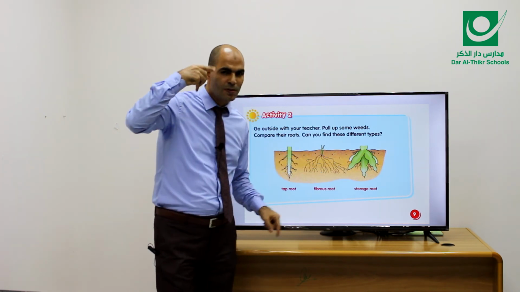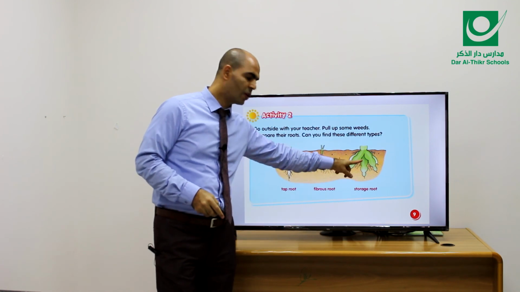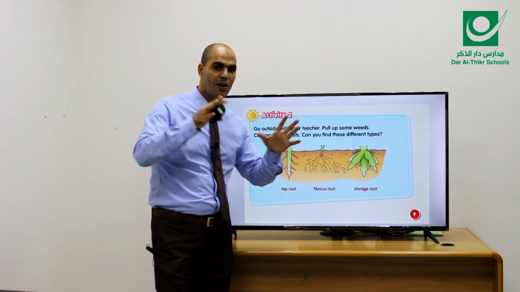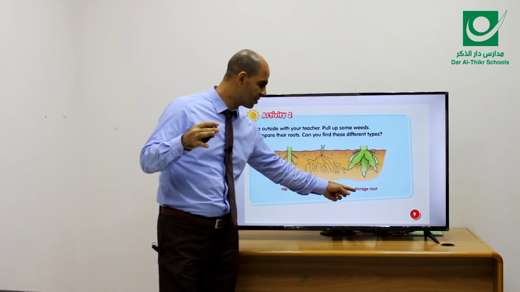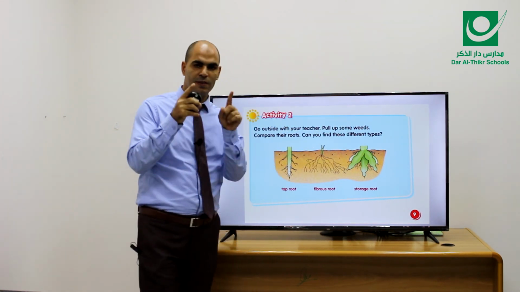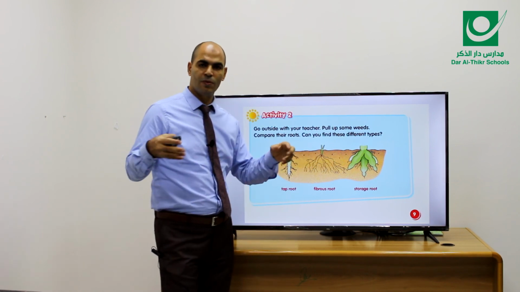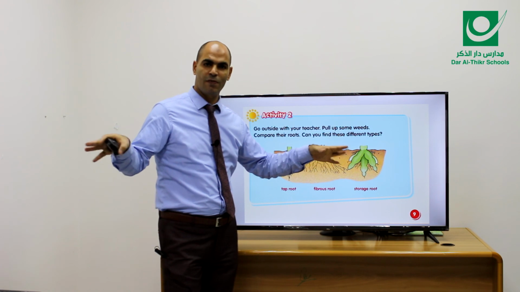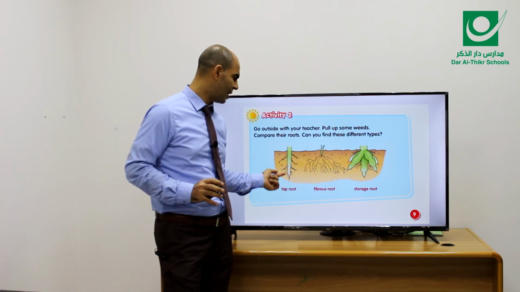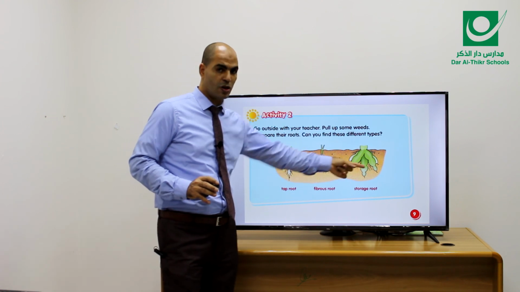If you think carefully of the titles, you will find that storage roots are big. Tap roots are very thin. And fibers are spreading everywhere. So we have tap, fibers, and storage.